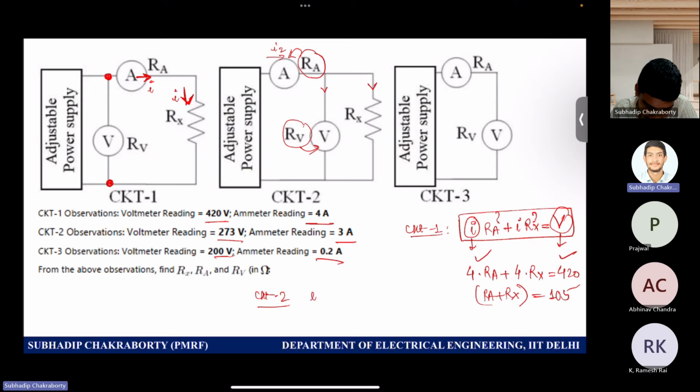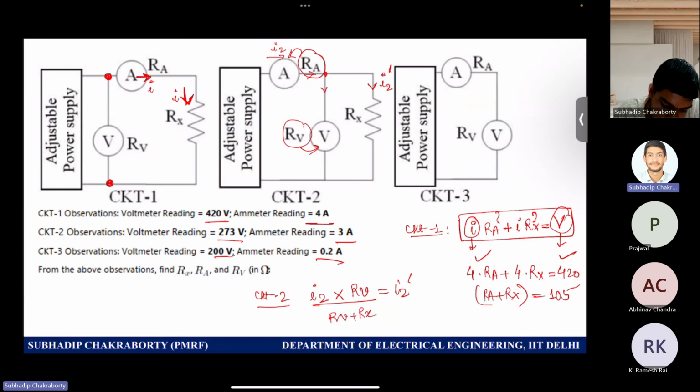If I want to find the current I2 dash, then I2 dash is I2 times the resistance of the other branch divided by the sum of the resistances. Up to this is clear, right?